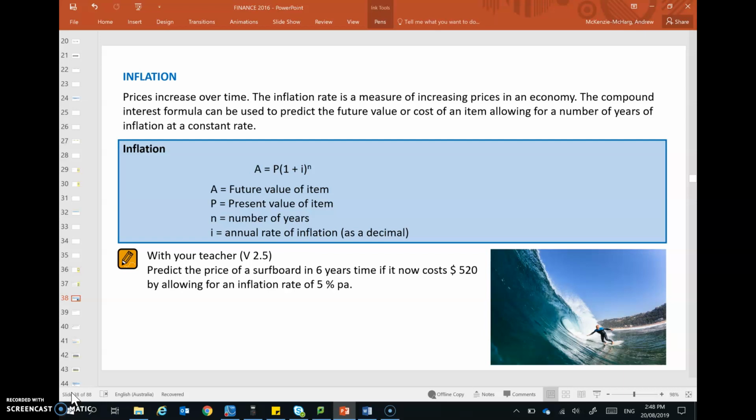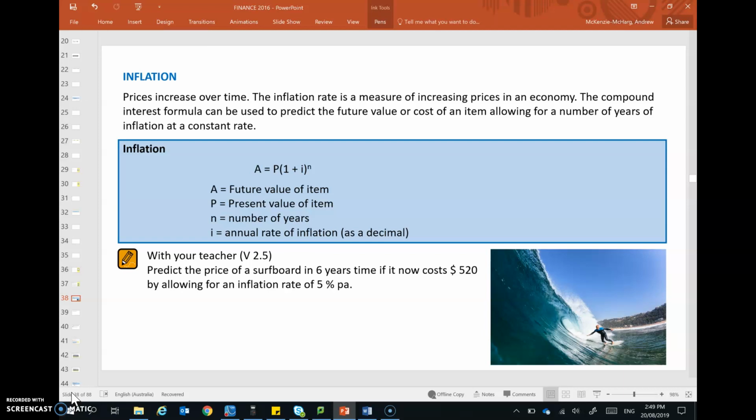Now, the inflation formula, it pretty much is just the compound interest formula that we use to do these inflation questions. We'll have a go at this example here where we've got a surfboard and right now it costs $520. We're going to calculate its cost 6 years from now if inflation is at 5% per annum.